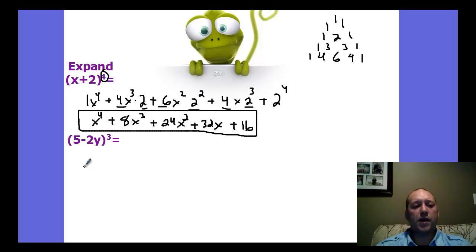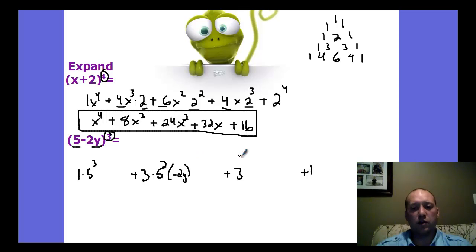This one down here is the same thing. I'm not going to do the whole problem here, but I'm going to show you when I write this out. It's the third row. So we have the 1, 3, 3, 1. But I want to show you this one because of what our terms are within our binomial. So this is going to be 5 to the third, and then we're going to do times 5 squared times our second term, negative 2y to the first power.